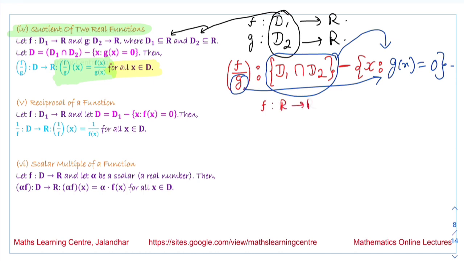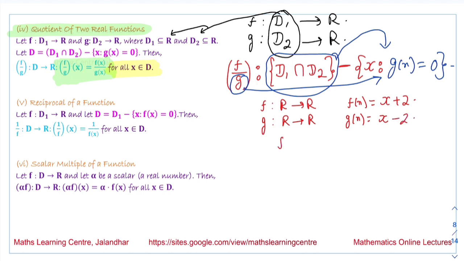So if we are talking about, say, the function f that is defined from r to r, and the value of this function fx is equal to x plus 2, there is another function g that is defined from r to r, and we say gx is defined like x minus 2.